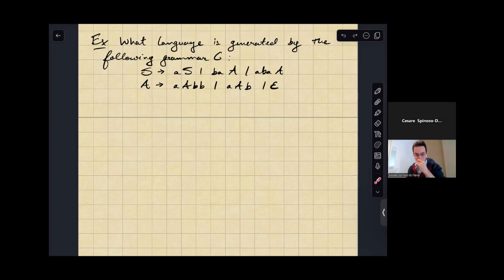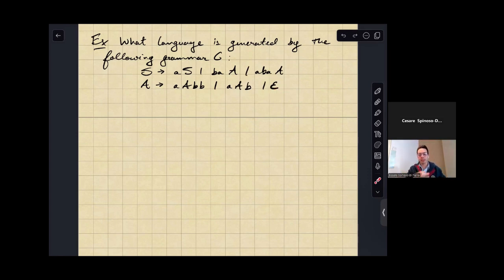So the first thing that comes to mind is the only production rule that has only terminals on the right-hand side. So the actual production rule that's going to allow you to finally generate, at the end of the sequence of derivations, strings of terminals, the only one is this one, right?